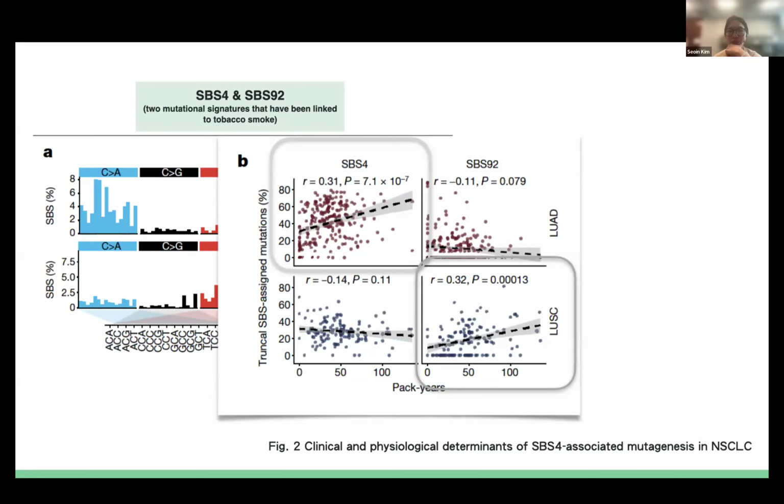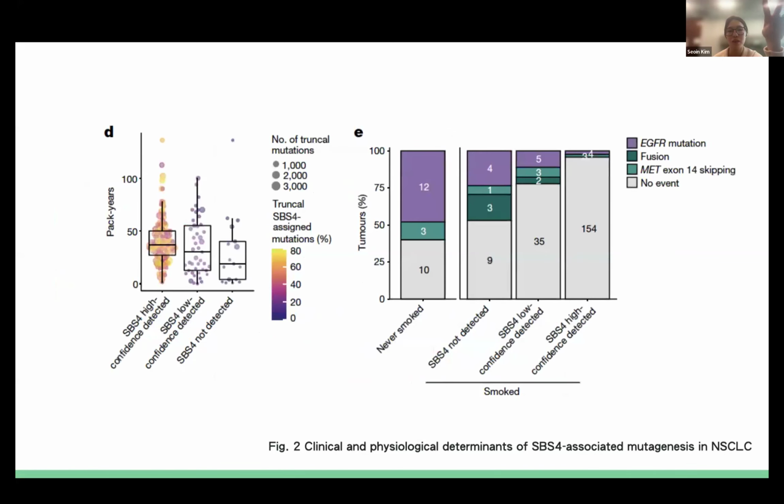Okay, so this is another aspect that they studied. Some of the heavy smokers didn't carry this SBS4 mutation and yet had adenocarcinoma. So they looked into all the genetic mutations and realized that those smokers with no SBS4 actually carried mutations that are frequently found in non-smokers.